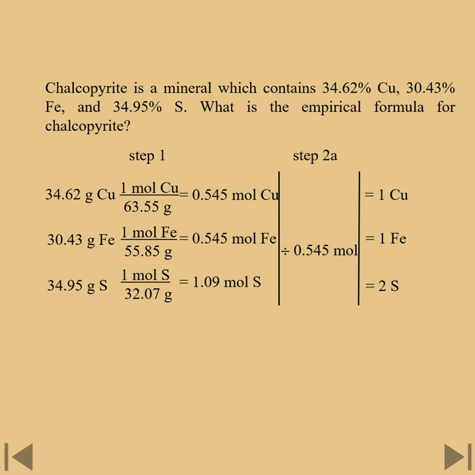Since these are already whole numbers, they become our subscripts, our atom ratio, and the chemical formula. So there's the empirical formula of chalcopyrite.